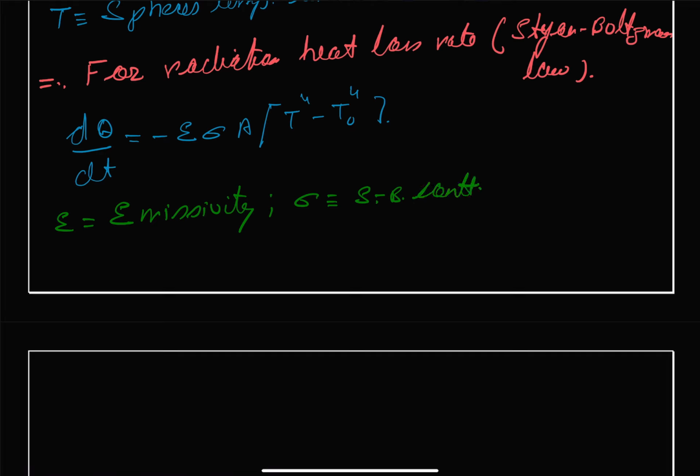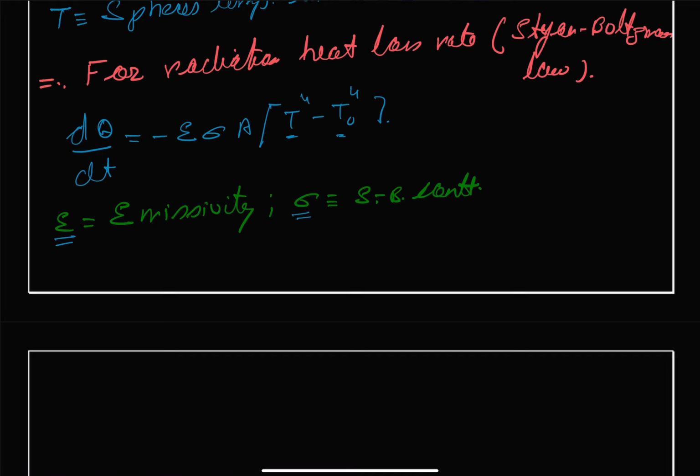And if we see the given condition, we can say that they are made of the same material, so the emissivity will be the same. The Stefan-Boltzmann constant is also constant, and the initial temperature, that is T minus T naught, will be the same for both.